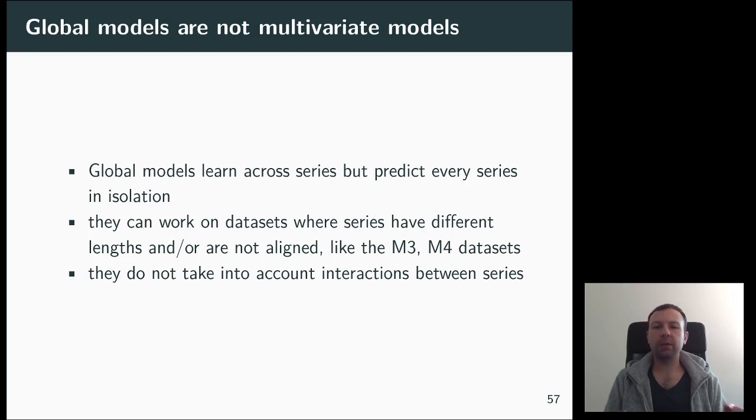So there you can't train a multivariate model where at one point in time all your 10,000 series move together. No, they can be quite disparate. And they don't take into account interactions between the series because every series is predicted in isolation.